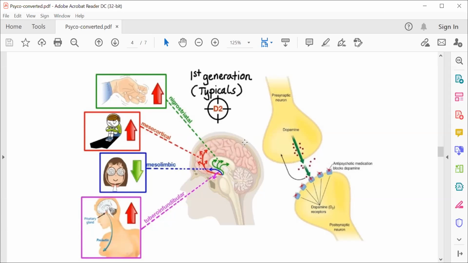So if I take first generation antipsychotic and it blocks the D receptor in the nigrostriatal pathway, what will happen to the patient? It will increase the involuntary movement, correct?